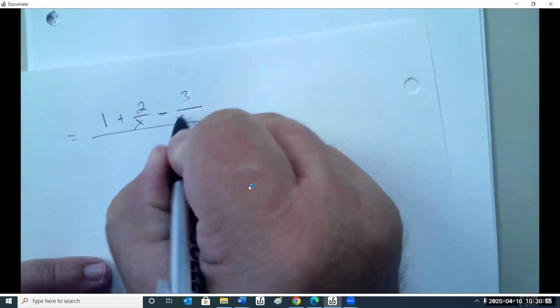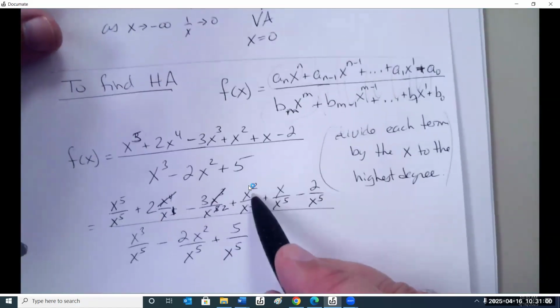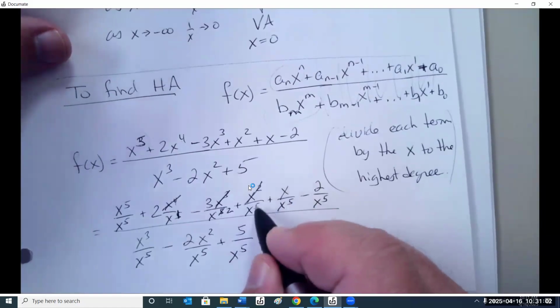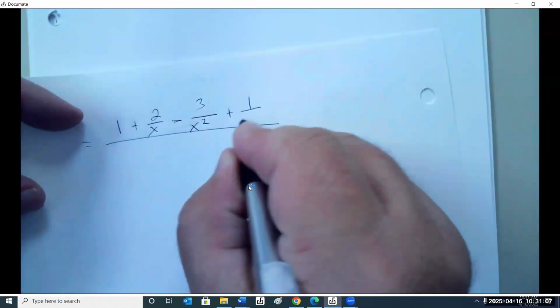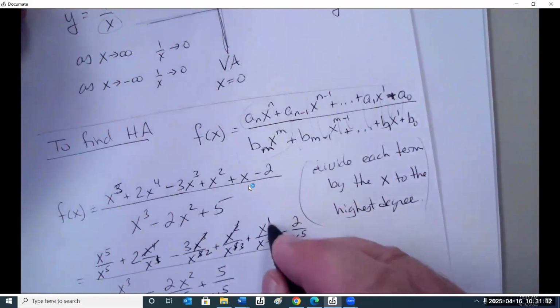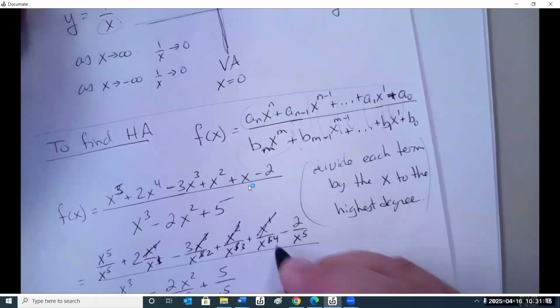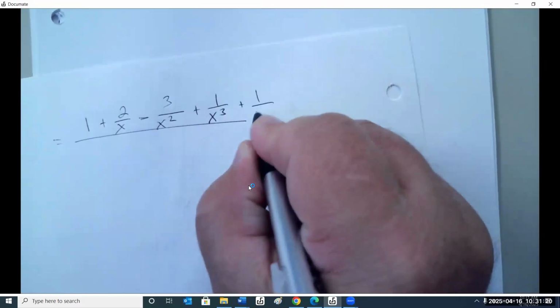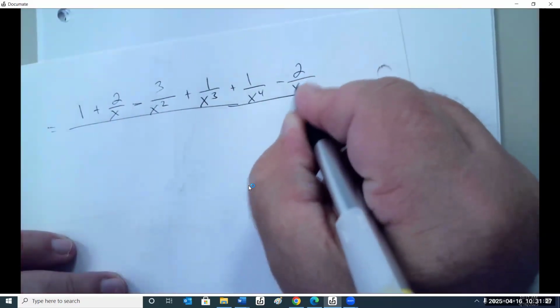So we have 3 over x squared. Then x squared over x to the fifth. Subtract 2, I get 3. So 1 over x cubed. Get rid of 1 x, so I'm left with 1 over x to the fourth. And then the last one is simply 2 over x to the fifth.